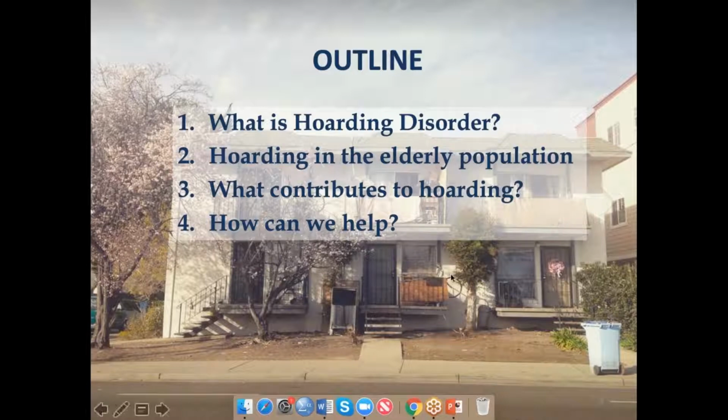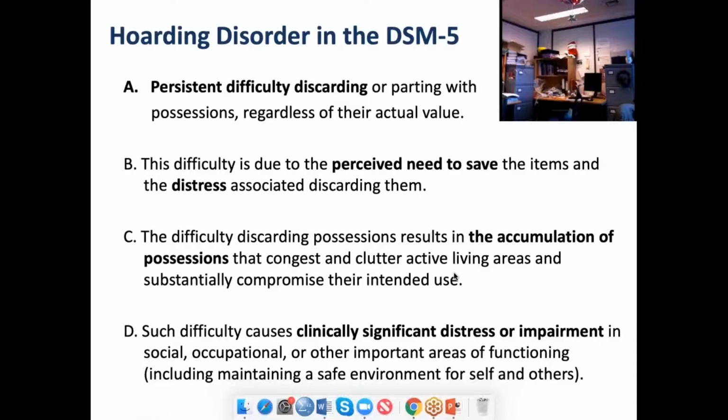All right, so this is the criteria for diagnosing hoarding disorder that's currently in the DSM-5 system. Hoarding is a newly identified disorder, as I just said, and it's only included in the latest DSM-5 system. So it was recognized as a disorder in 2013.